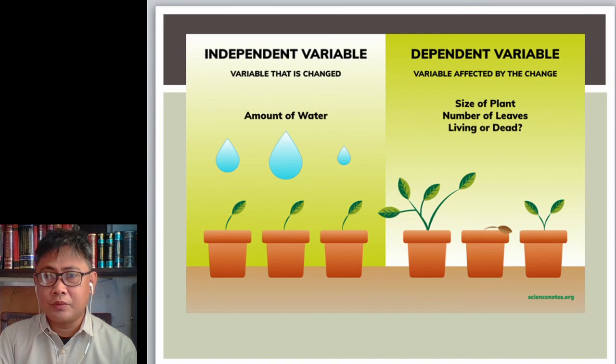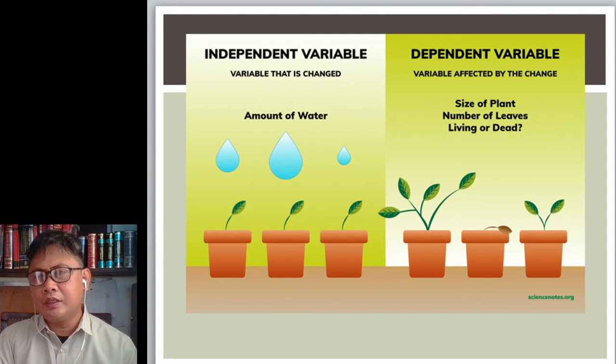This is also known as the predictor variable or the cause variable. And the size of the plant, the number of leaves, and the viability of the plant, whether it will live or not, is what we call the dependent variable, or the effect of the independent variable, or the results of the study.